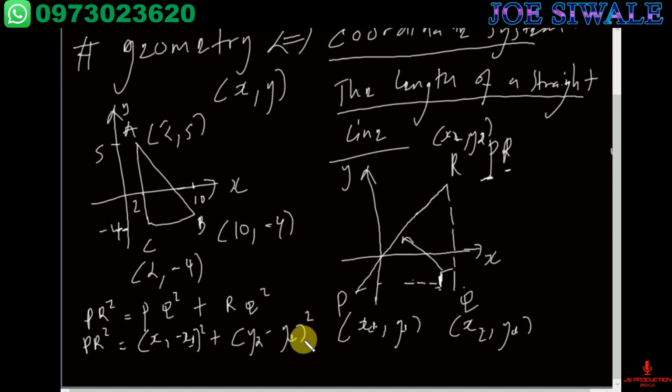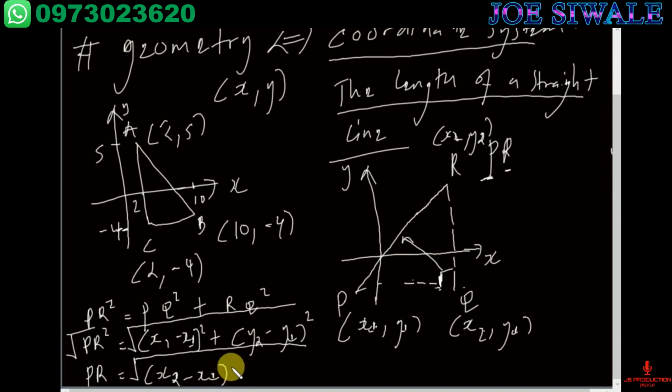Squared. So to find PR, we take the square root on both sides. This gives us the square root of (x2 minus x1) squared plus (y2 minus y1) squared.